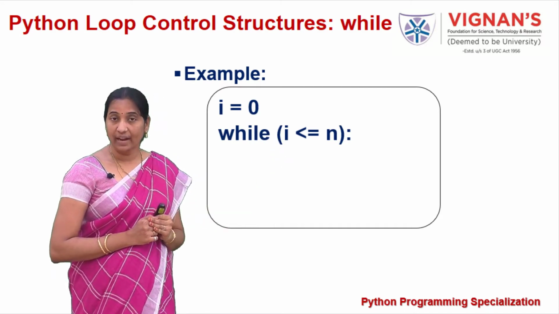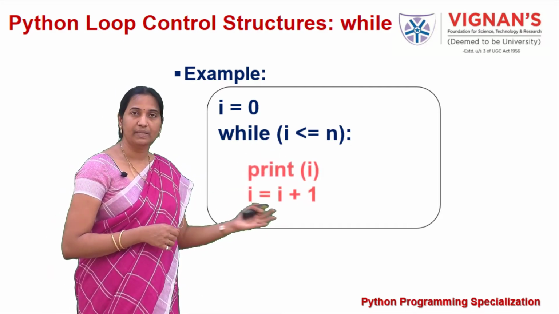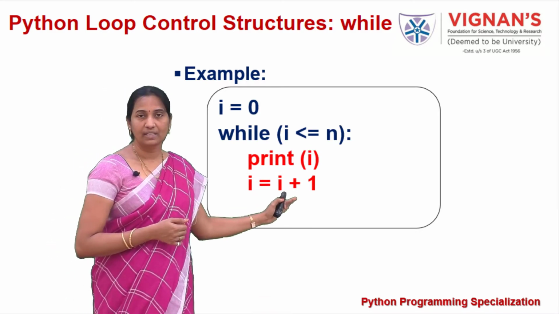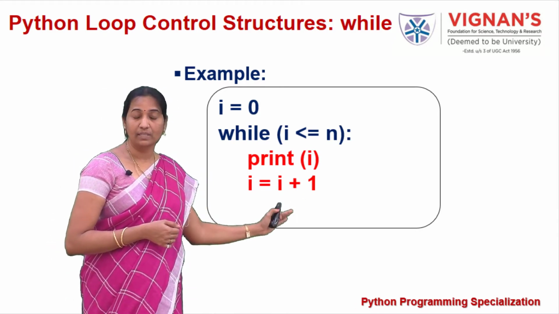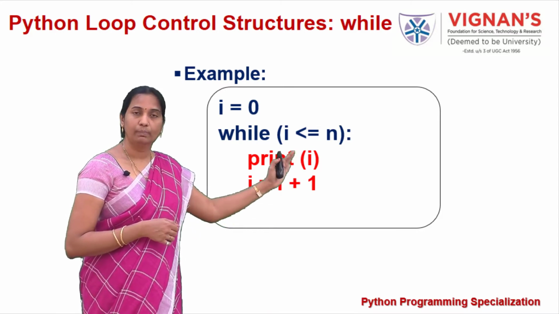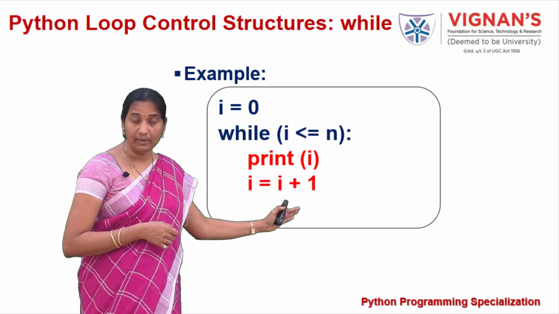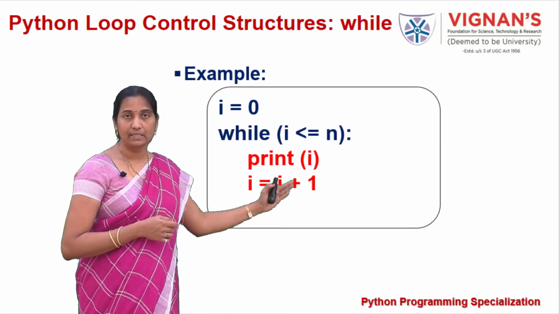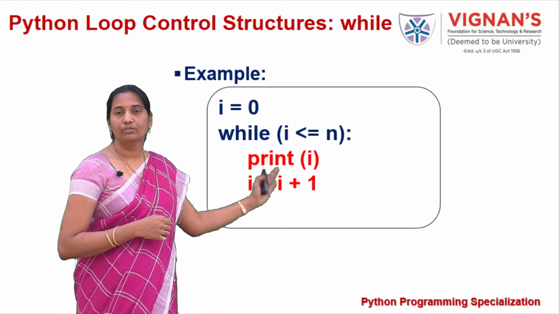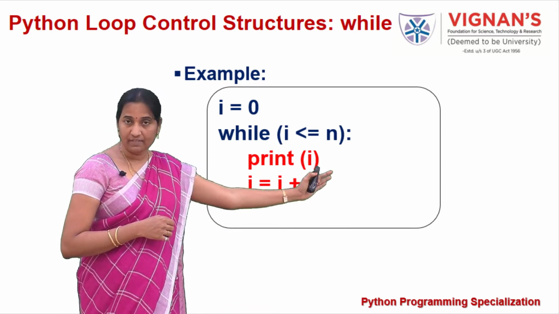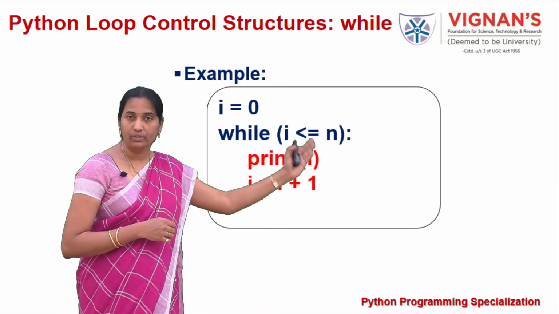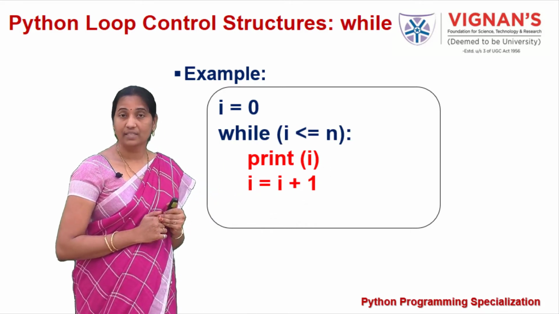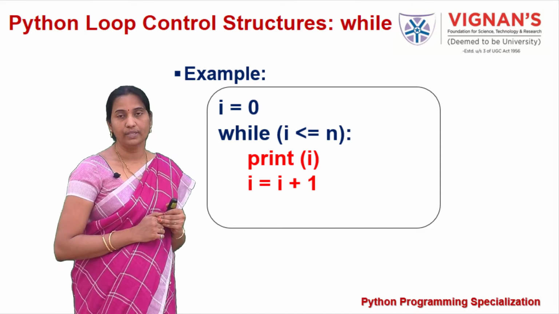So the condition evaluates to true, and the set of statements that are part of the while loop will be executed. I have two different statements as part of the while loop: print i, and then i is incremented by 1, i equal to i plus 1. First, the expression i less than or equal to n is evaluated, that is, 0 less than or equal to n, and it evaluates to true when the n value is 5.